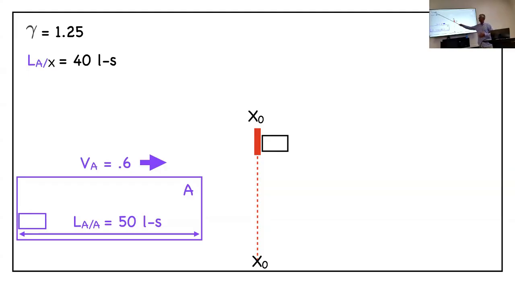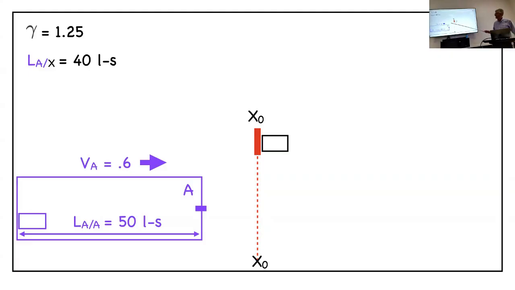We use 0.6 because it gives us a nice gamma, 1.25. And we want to know the length of A, or L of A in X. In reference frame X, there's length contraction. It comes out to be 40, because 40 times 1.25 gives us 50. So any X observer measuring the length of this would say, oh, it's actually 40 light seconds in X's frame.